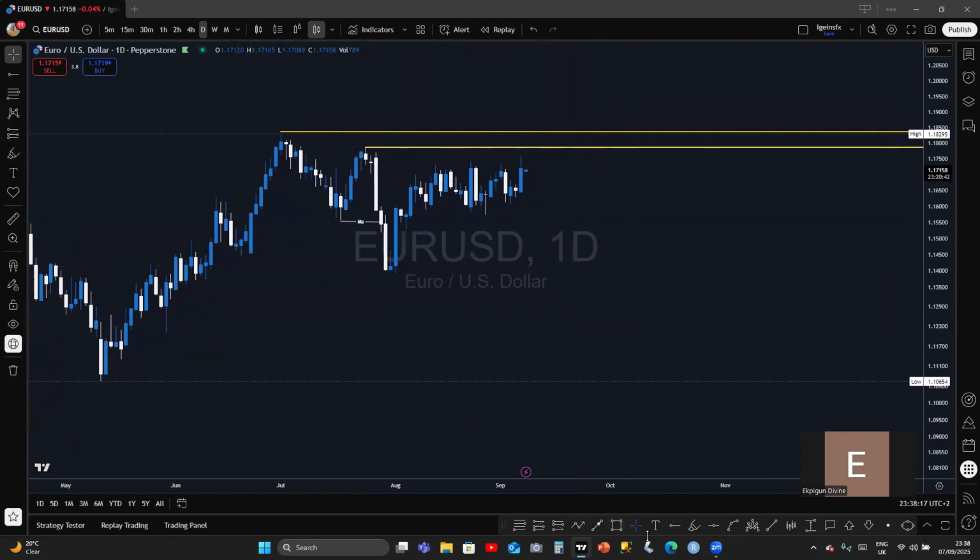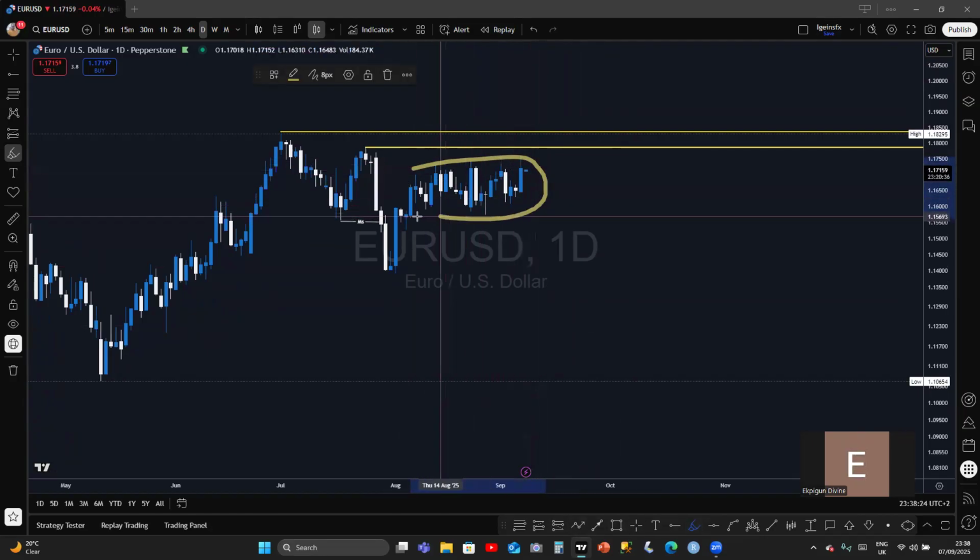So this one that you are seeing here is just rubbish. Price is not going anywhere. As it is now, it's ranging.